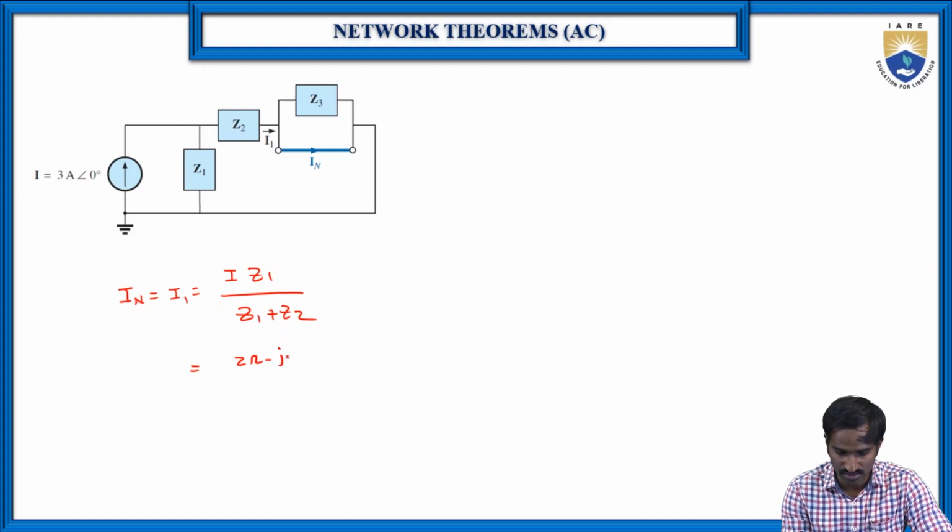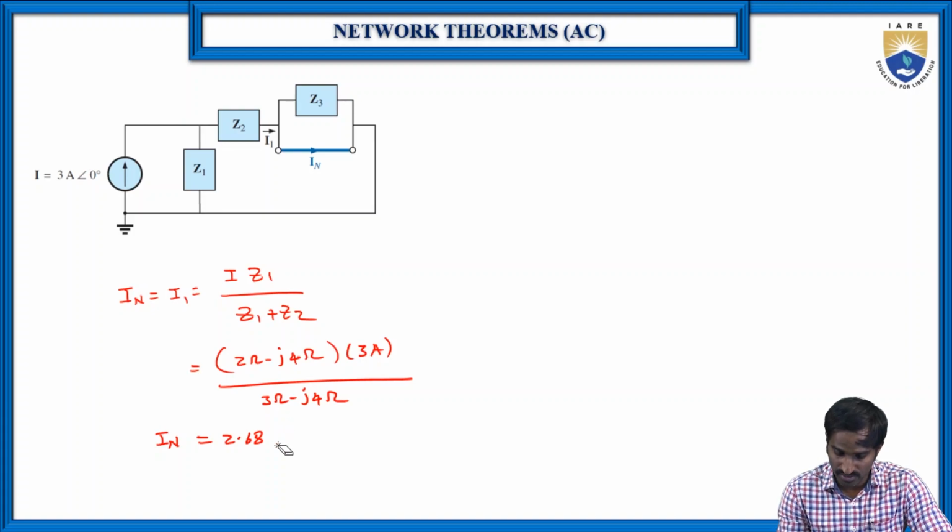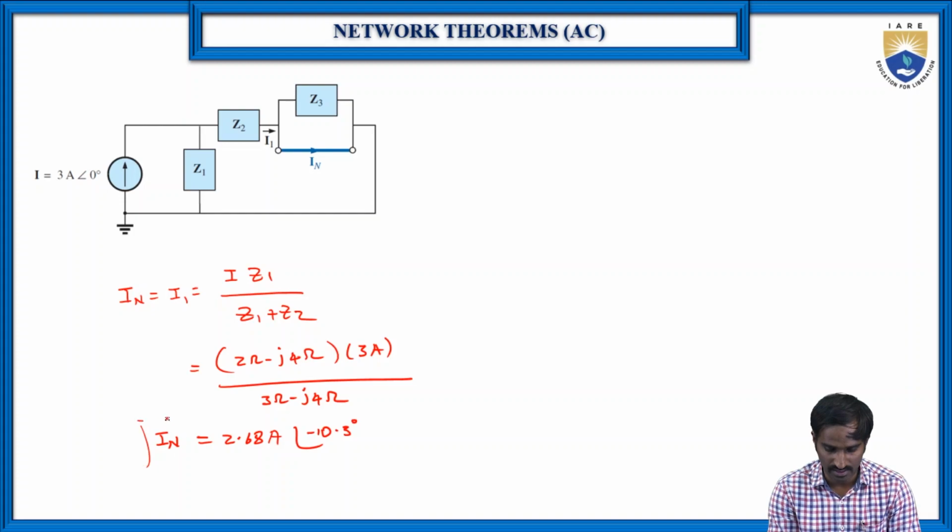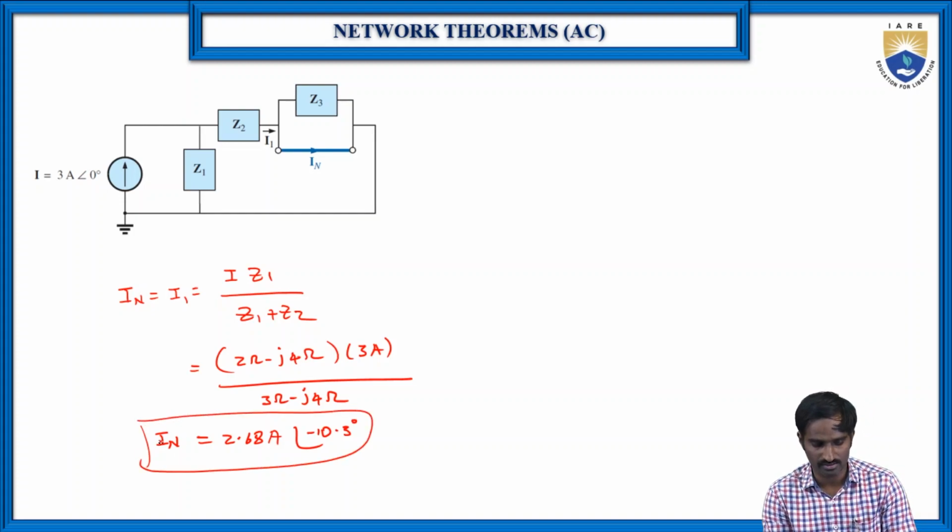Here Z1 is 2 ohms plus j4 ohms, and I is 3 amperes at an angle of 0, divided by Z1 plus Z2, which is 3 ohms minus j4 ohms. If you simplify this, you get the Norton's current IN, which is 2.68 amperes at an angle of minus 10.3 degrees. So this is the Norton's current.